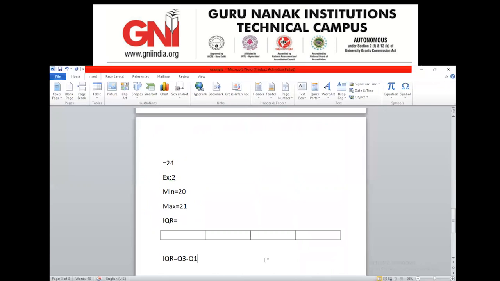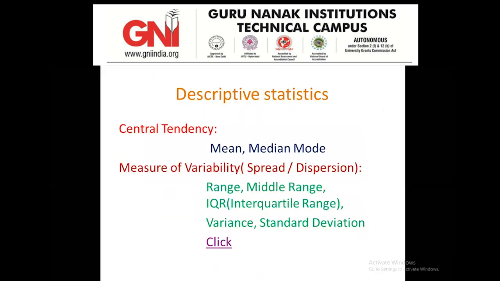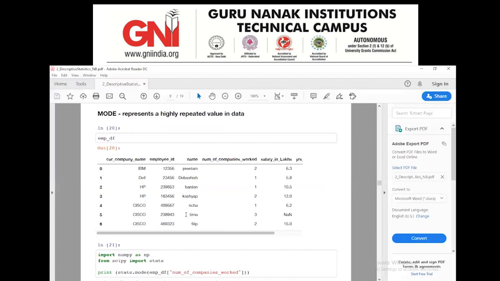Q1 will be the first half of the median, and Q3 will be the second half of the median. Here again we use the concept of the median. Through the median only you can know the IQR. IQR can be calculated using the medians. So now you apply this concept here.